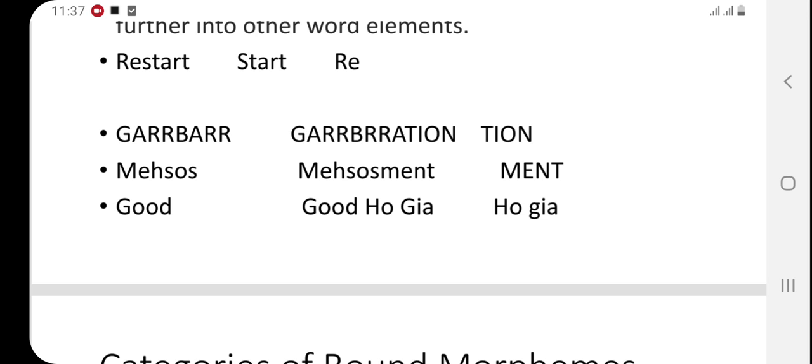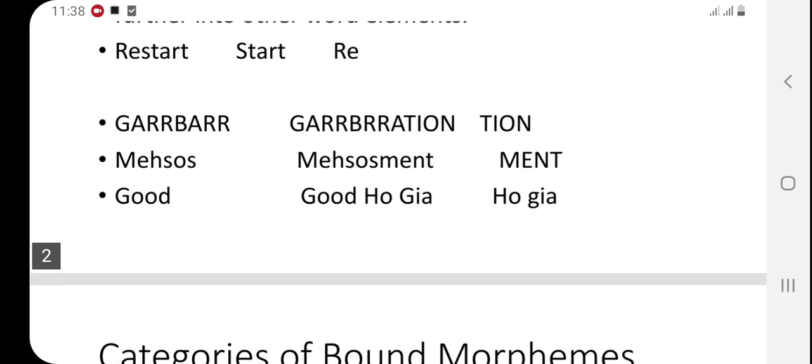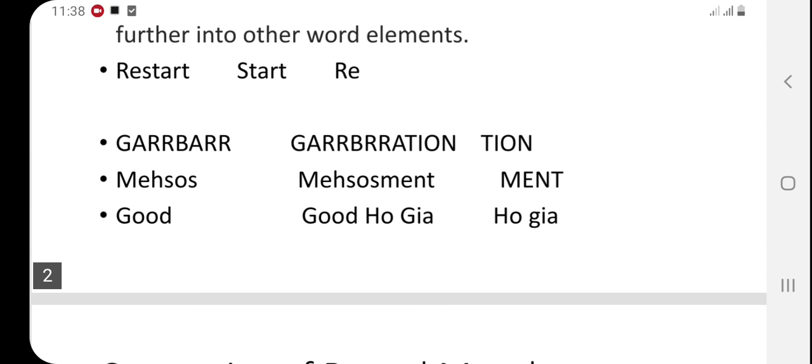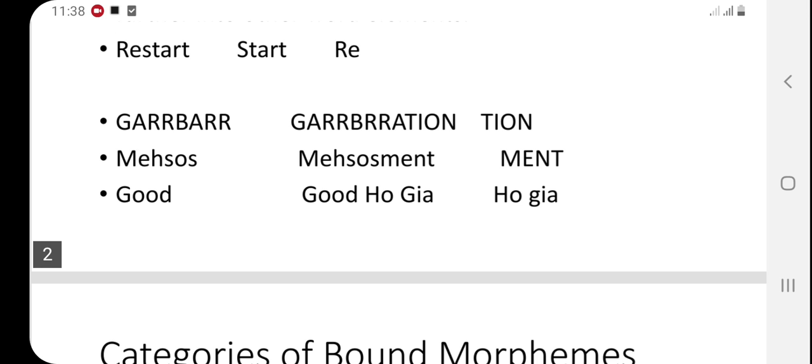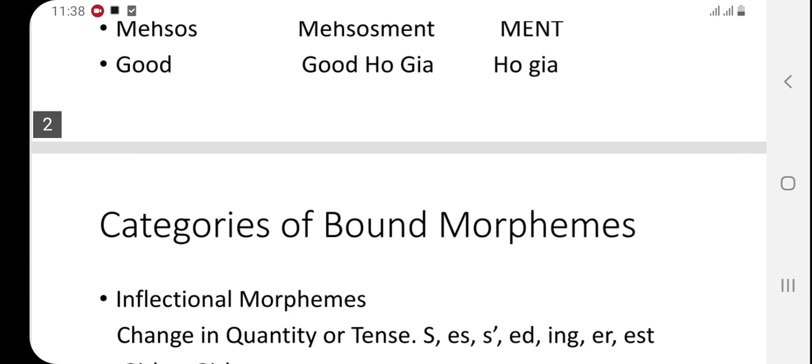So tion, ment, and ho gaya, these are actually a kind of funny bound morphemes. I hope this concept of bound morphemes will be more clear after understanding these funny examples. And they do exist in our society. Whenever you are sitting in any conversation with your relatives or with your friends, they will be making some new amalgam of words, creating fun for the one who has knowledge of language.